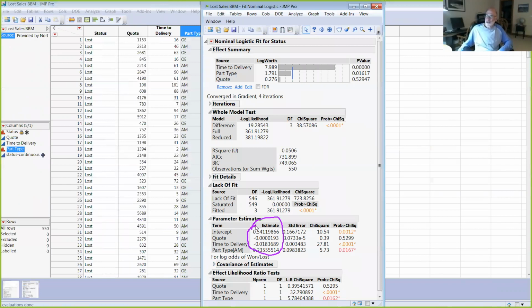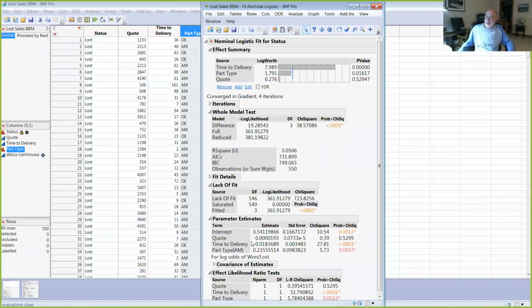I'm not going to try to interpret them directly, because what it's saying is if you increase the price quote by 1 unit, there is a minus 0.000193 change in the logarithm of the odds of winning versus losing. You can say that as many times as you want. It's not going to sink in as making any sense.